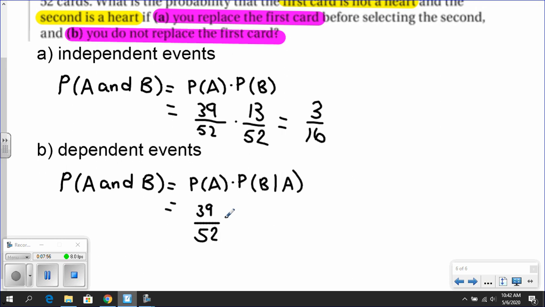So how many cards are left? 51 cards. Well, how many hearts are there? There are 13. So I'm just going to multiply those two fractions together, and I get 13/68. And that's my answer, and I'm done.